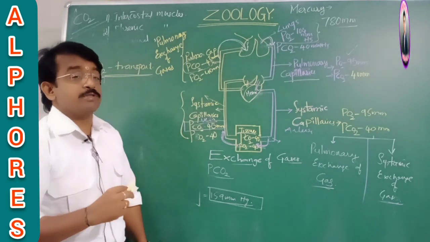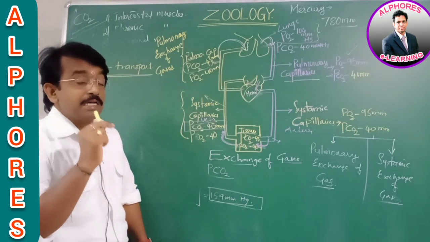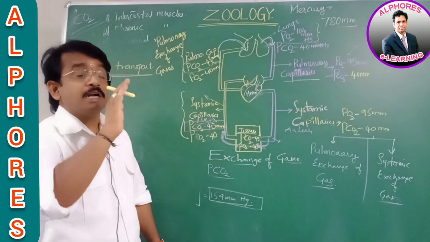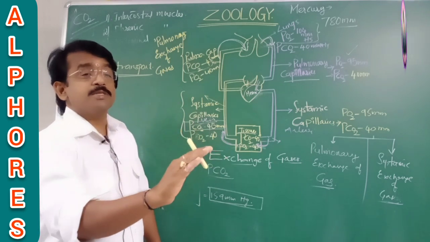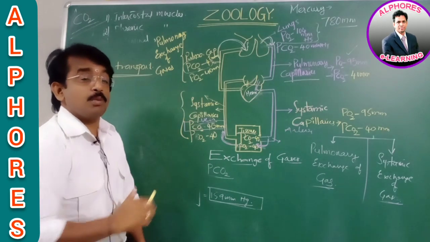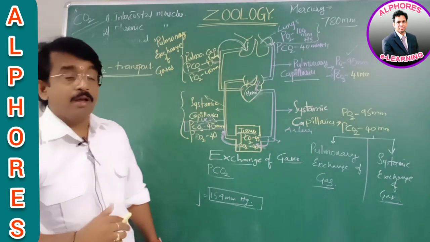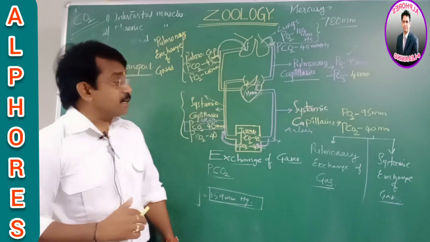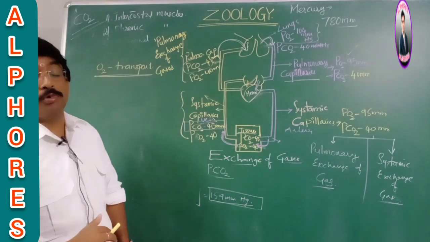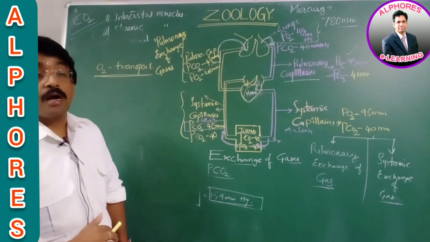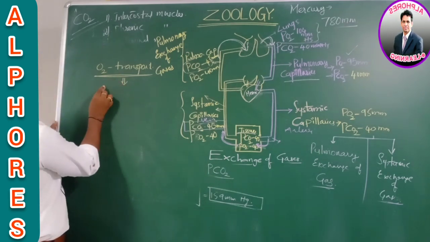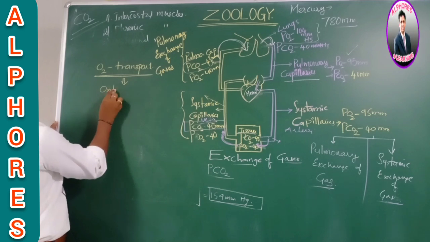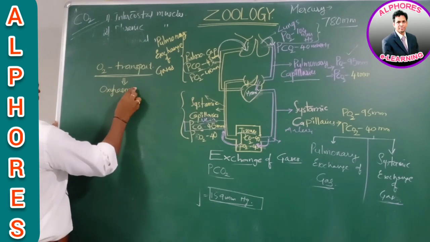What I mean to say is that the transport of gases takes place via the blood, not in their original form. The transport of O2 and CO2 is in compound forms. O2 is transported in the oxyhemoglobin form.